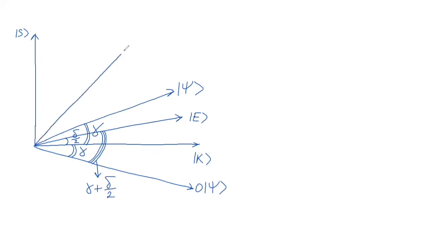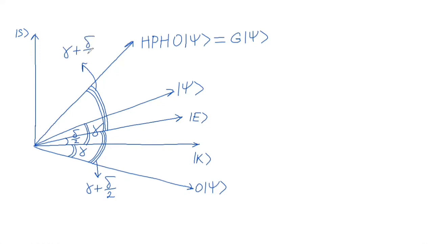So when we apply H, P, H to vector O psi, we get this new vector, which is actually a complete Grover iteration now, G psi. And since this is a reflection about vector E, the angle between G psi and E can also be marked with 3 lines, and it is also gamma plus delta over 2.